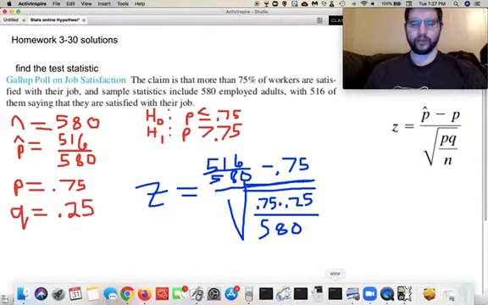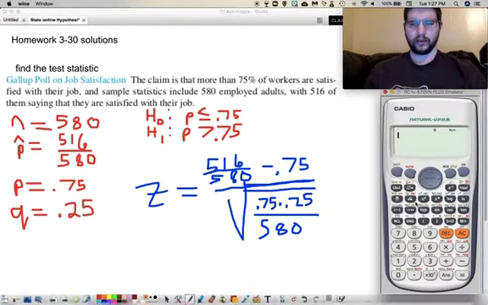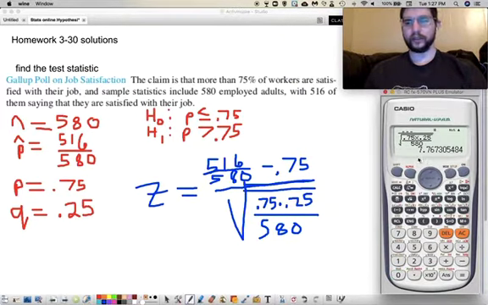Doesn't matter which one you use. I'll use the Casio first. I got a fraction inside of a fraction. Just type that in there. Square root in the denominator with the fraction. And our test statistic is 7.76, or 7.77, why not?